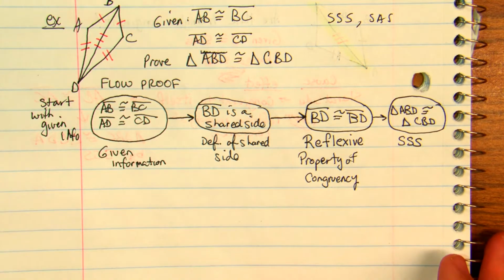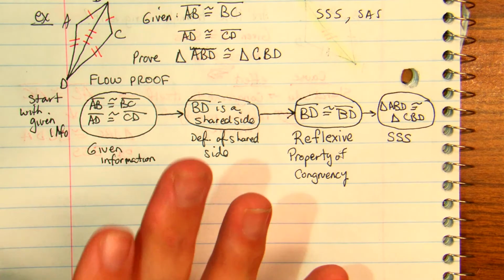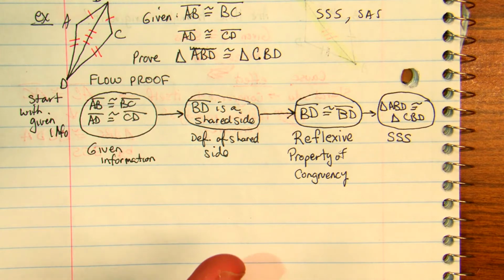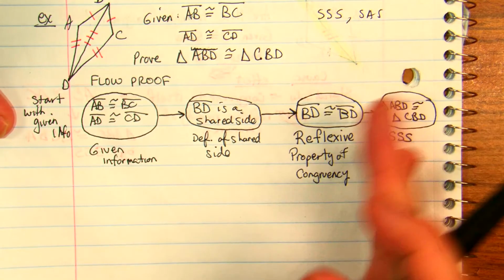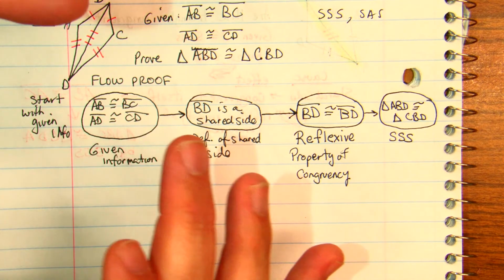This is a flow chart. This is a flow proof. And basically it's going to take pieces of the given information and go from there. Since there was only one thing that we needed to really do from this, we could just go from here. But what we can do sometimes is actually take the given information and kind of break it up a little bit.